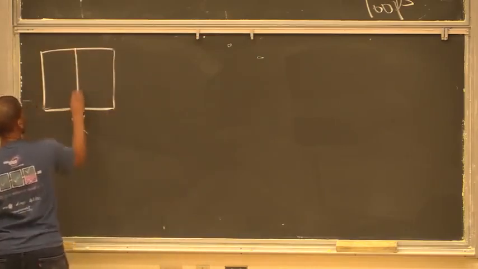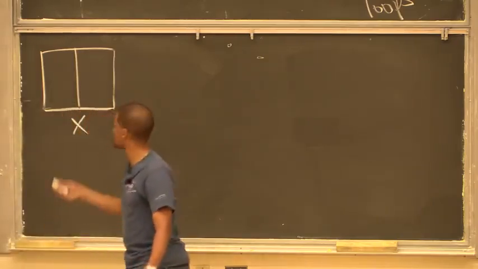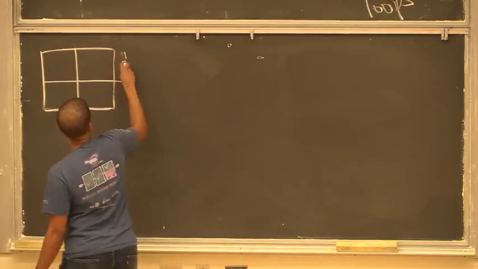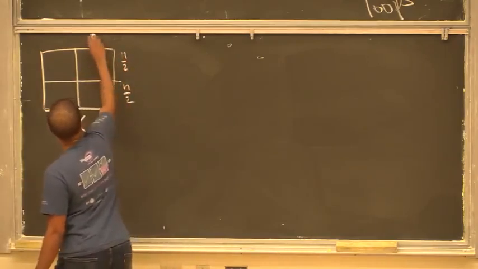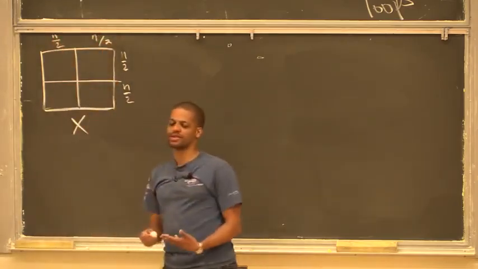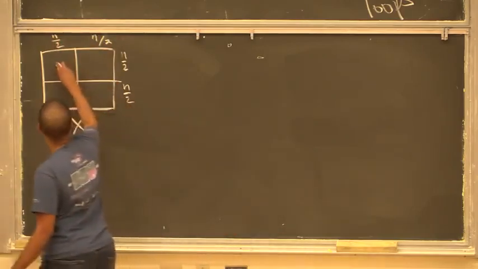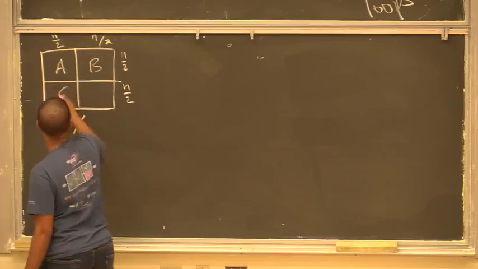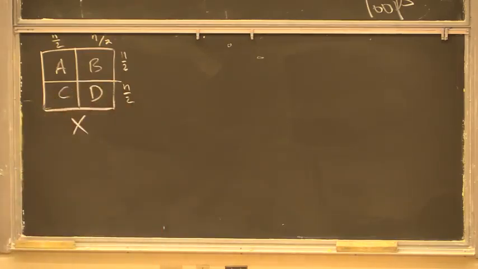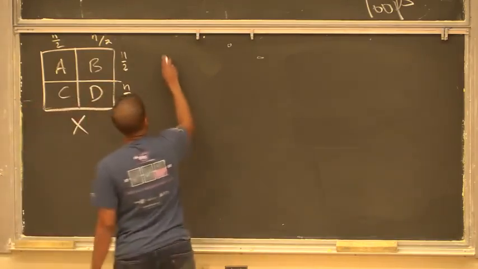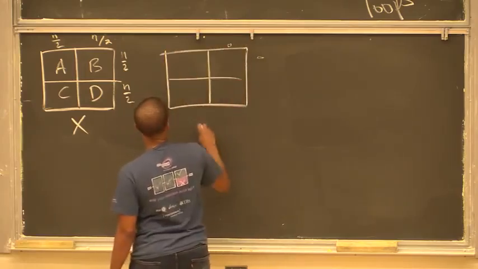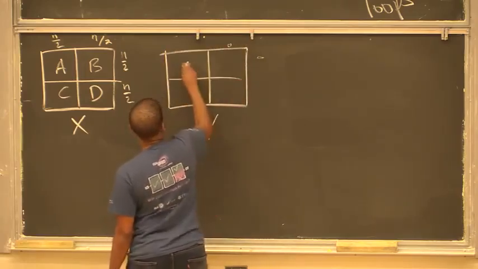I can break up its rows in half, but let's also break up its columns in half. So each one of these is n over 2 long, n over 2, n over 2, n over 2. And let me give these n over 2 by n over 2 submatrices names. So this is block A, block B, C, and D. Okay? And let me do the same thing for y. So this is y. Let's call these E, F, G, and H.